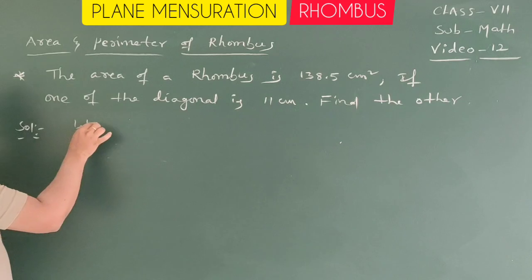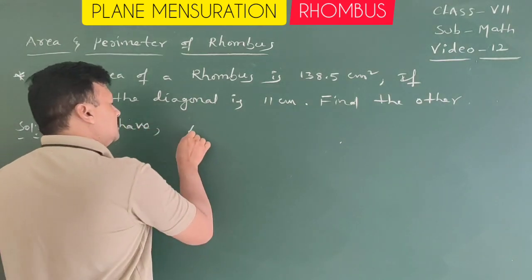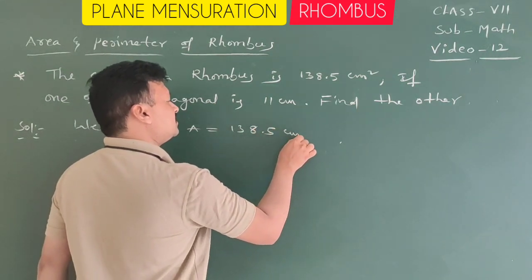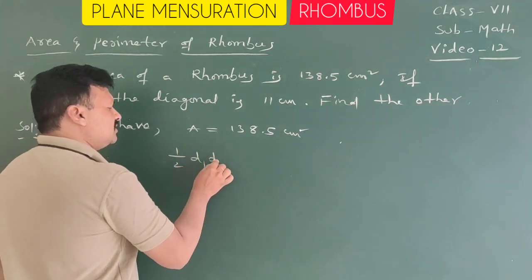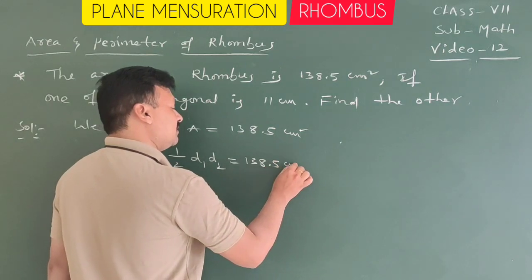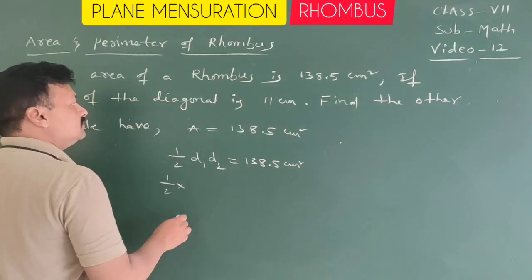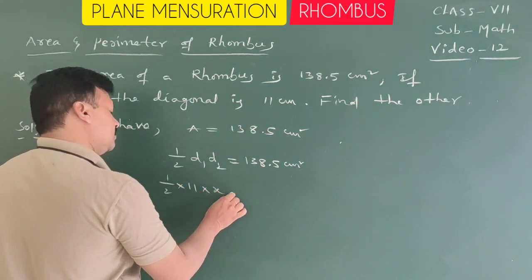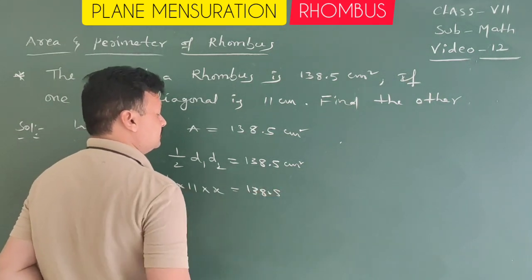We have area equal to 138.5 centimeters square. Actually, area of a rhombus is half d1 d2, that is 138.5 centimeters square. So here half into diagonal 11 into d2, we don't know that, so let it be x. 138.5.